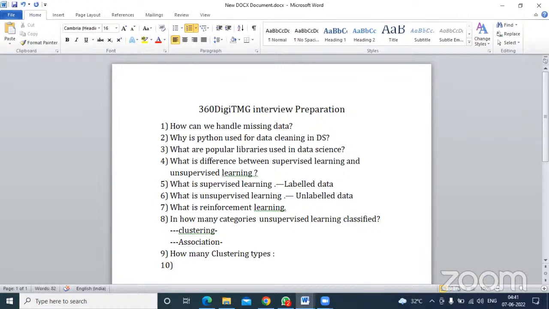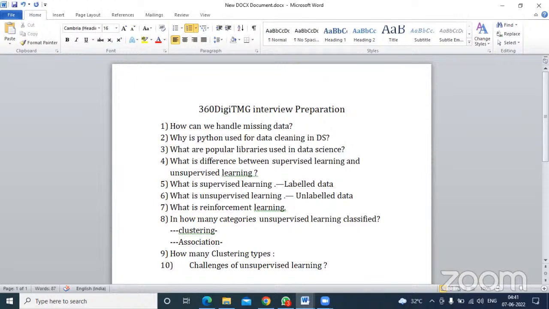what are the challenges we are facing while doing unsupervised learning?